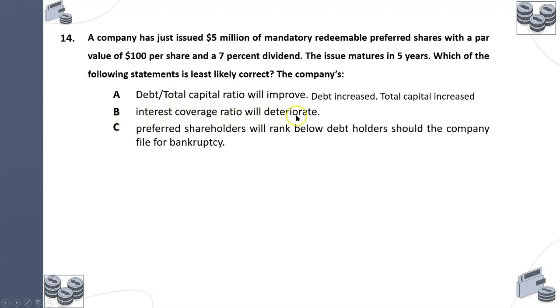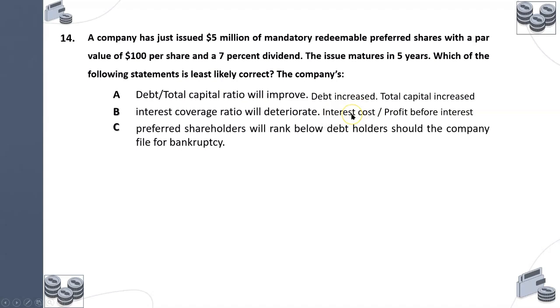Interest coverage ratio will deteriorate, definitely. How do we calculate it? Profit before interest divided by interest cost. Profit before interest will not be affected by the new debt, but the interest cost will increase because the dividend paid to mandatory redeemable preferred is considered as interest.